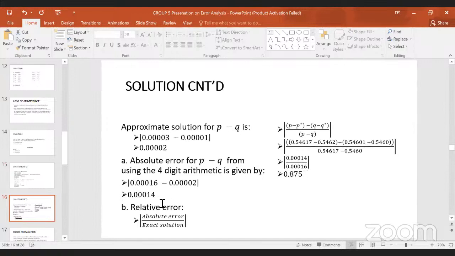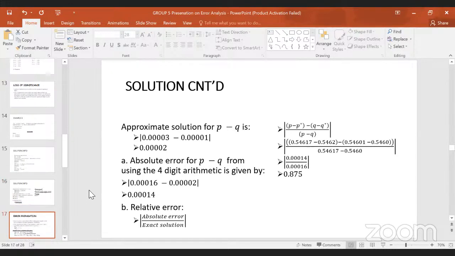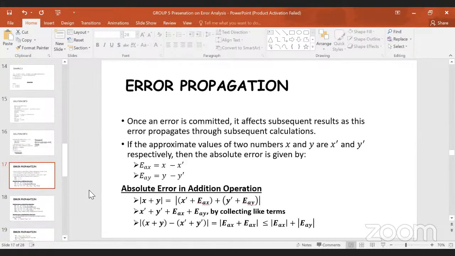We just substitute for our absolute error, 0.00014 divided by 0.00016. If you do that with your calculator, this is the answer you're going to get. So this gives us the absolute error here, and it also gives us our relative error, which we have to solve for in the question we are given.